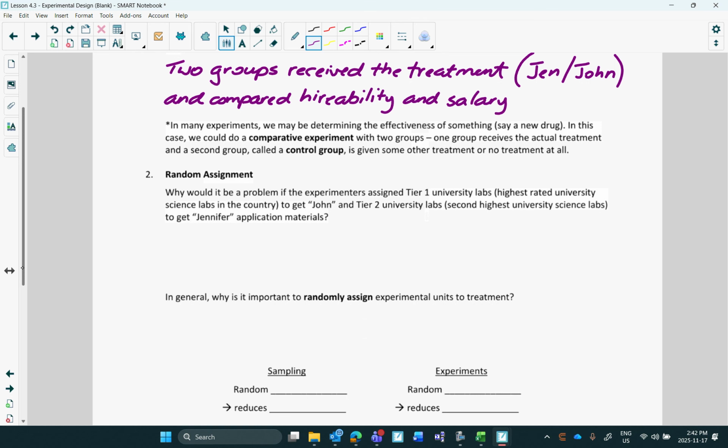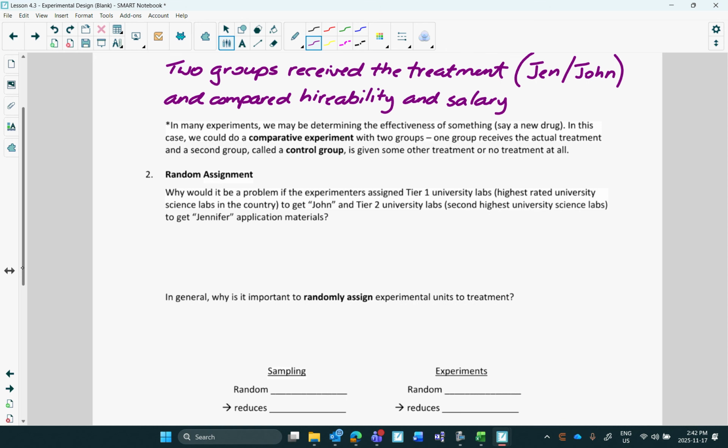Second component that's really important: random assignment. So why would it be a problem if the experimenters said, okay, we're going to take this highly rated university and give them all the John resumes, and we're going to take this well-rated university and give them all the Jennifer resumes, without randomly assigning?